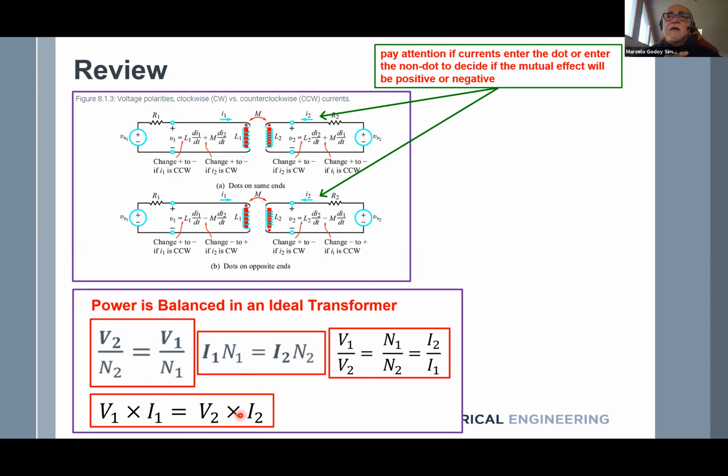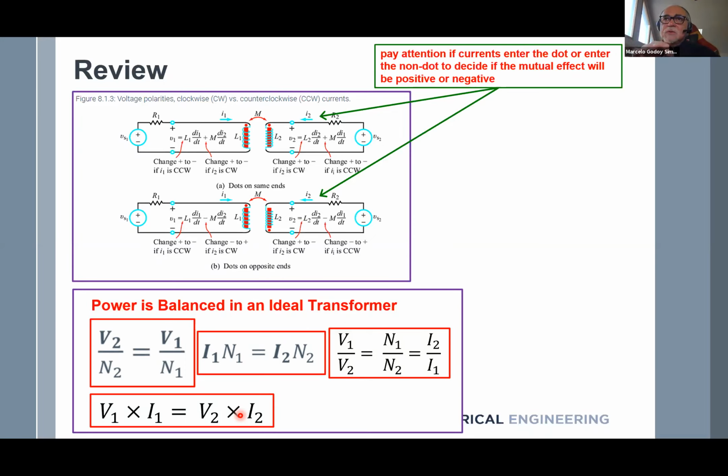You have a DC current flowing, and because the DC current flowing through the winding will give you a voltage equals 0, because V is L di dt. There is no voltage variation. Because there is no voltage variation, there is no flux variation. If there is no flux variation, there is nothing captured by the other coil. So transformers are not made for DC circuits. Transformers are made for AC circuits.